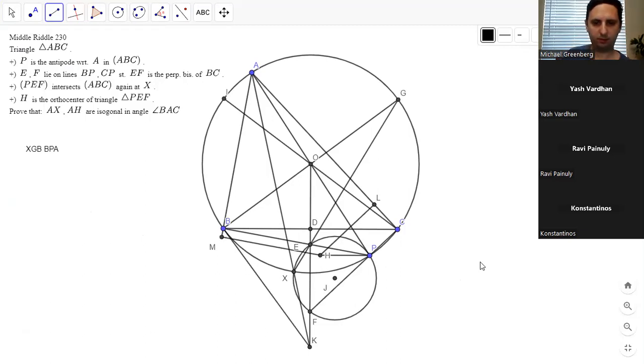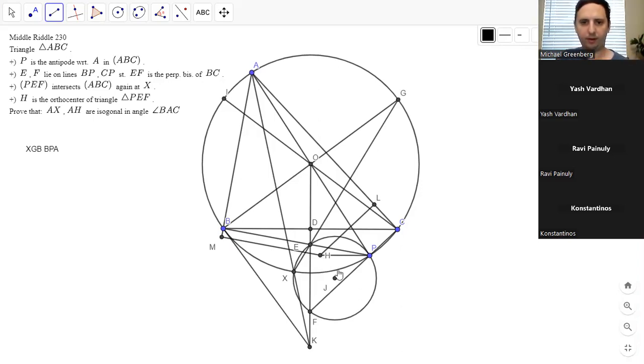All right. So HL over HM. I want to show that AD and H are collinear.